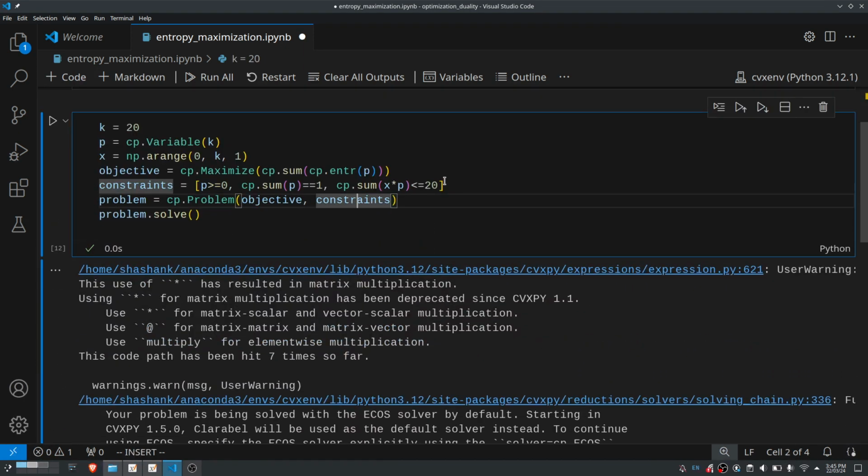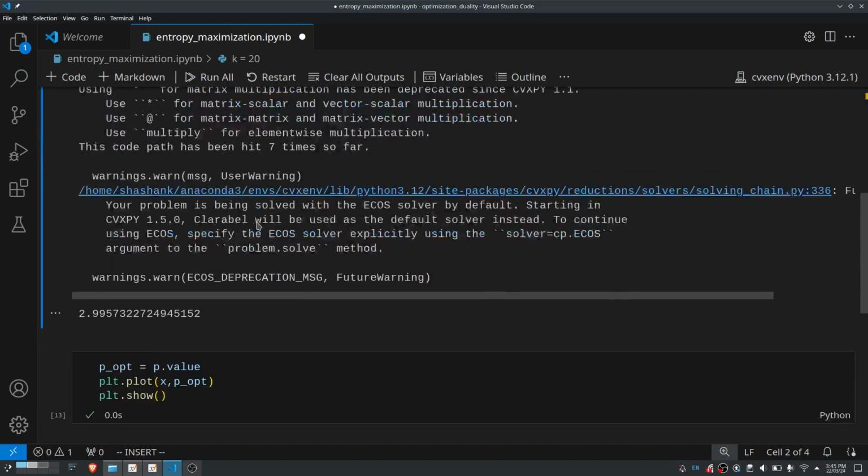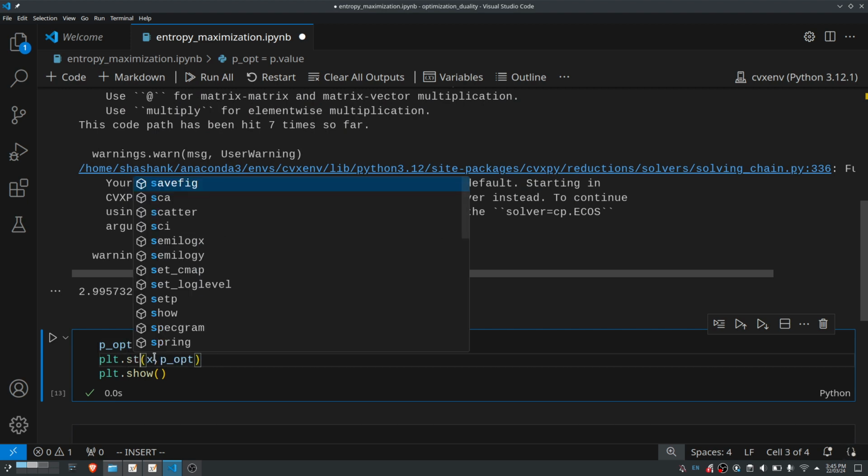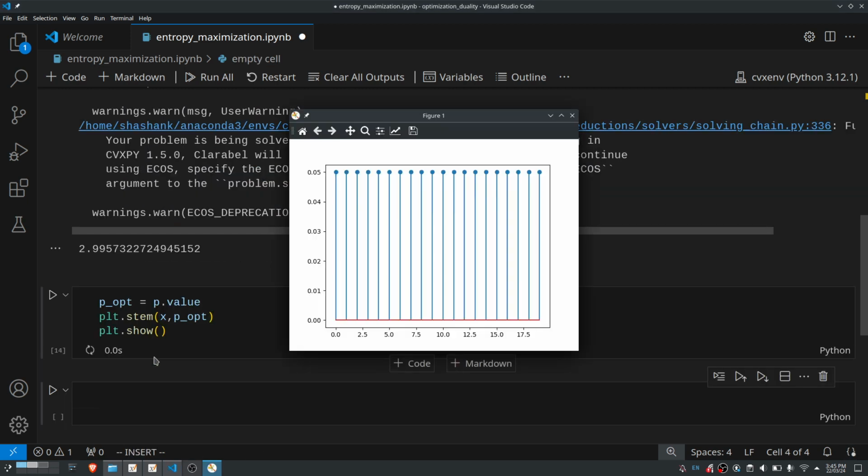The mean should be less than or equal to 20. You get the uniform distribution. You were saying that the mean should match the mean of the interval. It's an inequality constraint, right?